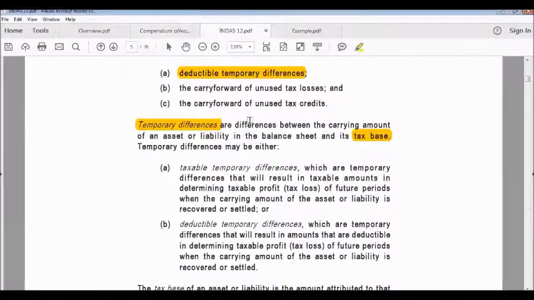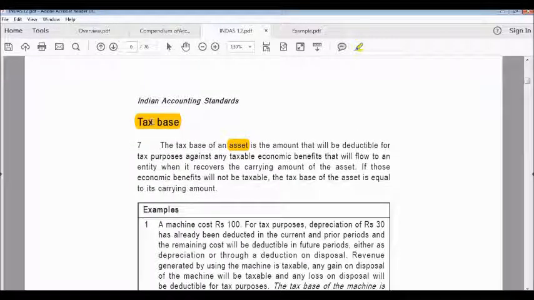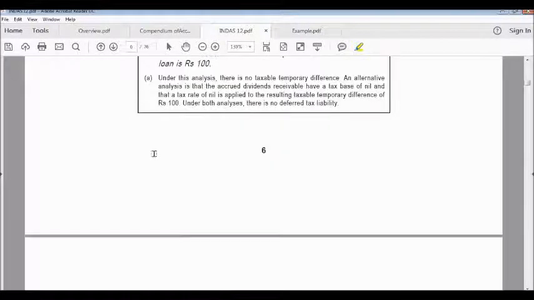Now here the temporary difference is the difference between the carrying amount in the balance sheet and its tax base. So we can say that it is a balance sheet approach, but we should understand the meaning of tax base. Tax base is given in paragraphs 7 and 8.